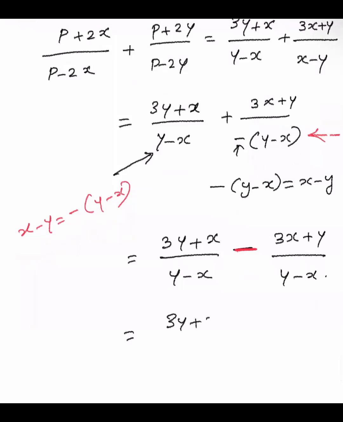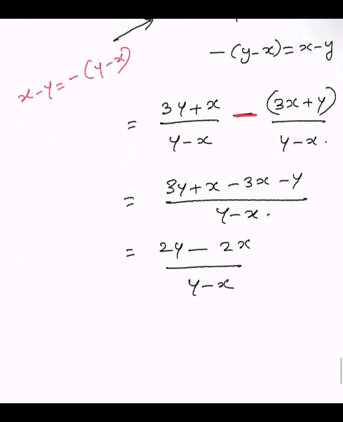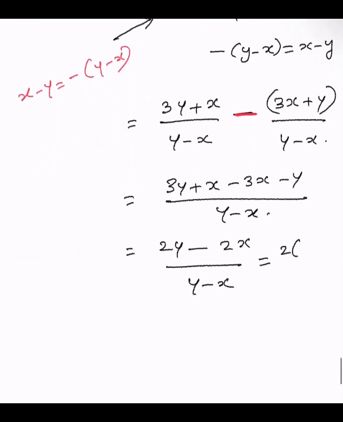So it will be 3y plus x minus 3x minus y divided by y minus x. This minus is common, remember that. So what is the final answer? 2y minus 2x divided by y minus x. From here, again, I can take out 2, giving 2 times y minus x divided by y minus x. So the answer is 2.